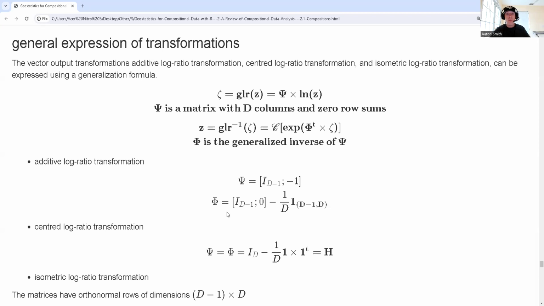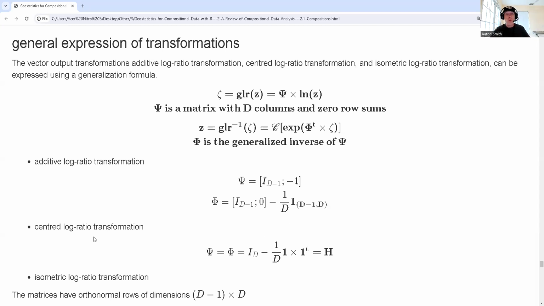Now, our inverse is going to be the identity matrix appended with 0 on the right, and then 1 over d times the all ones matrix of dimensions d minus 1 by d.